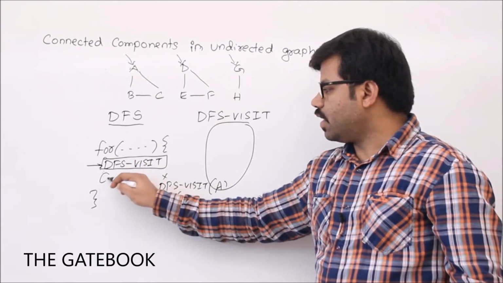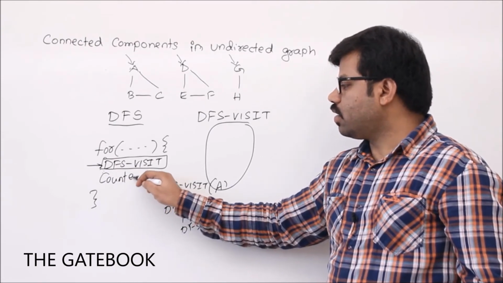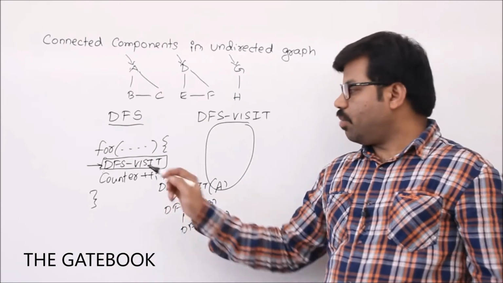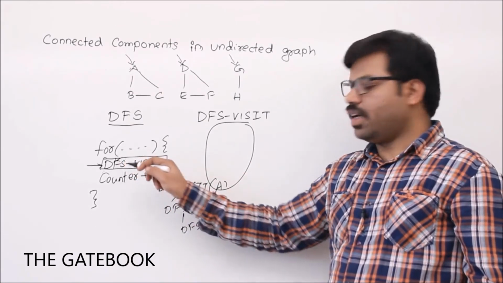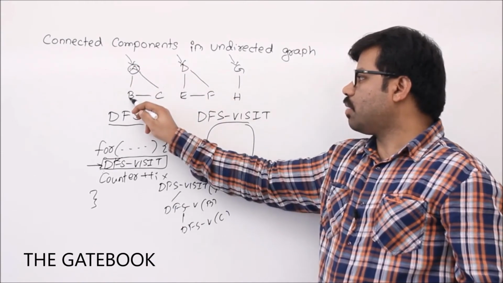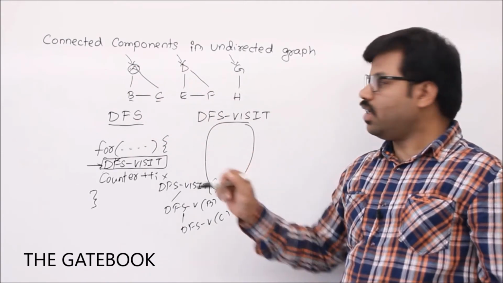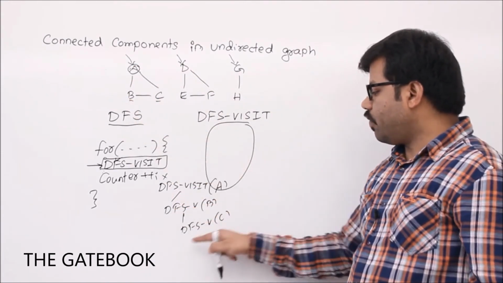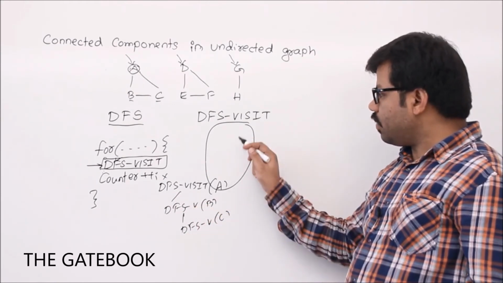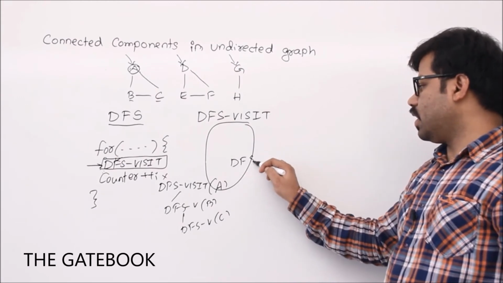So that's why I can say that if you maintain a counter here, initially counter 0, and if I increment it every time DFS visit is made from the main program, then DFS visit first time will be made here. After that, for subsequent B and C, it will not be made from here. This DFS visit of B, DFS visit of C are made because of this. There is another DFS visit here, right?